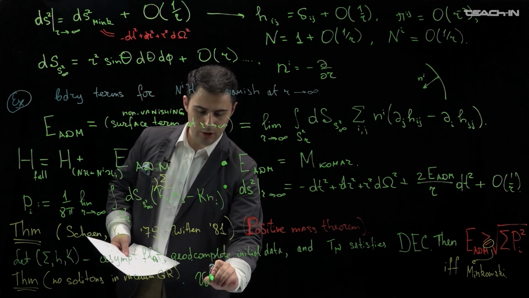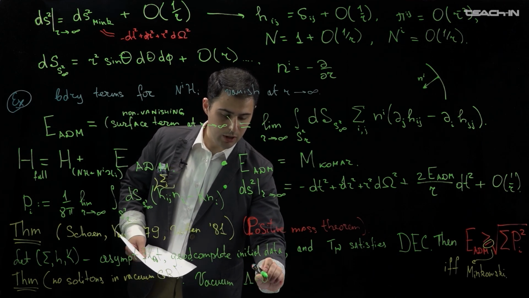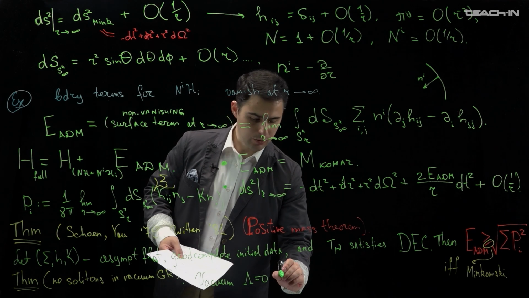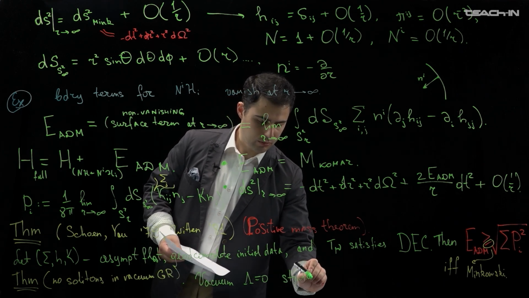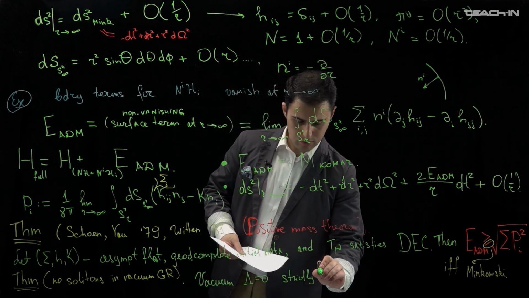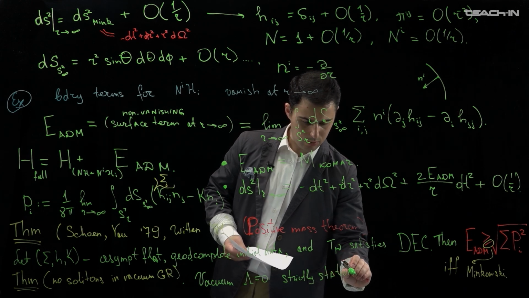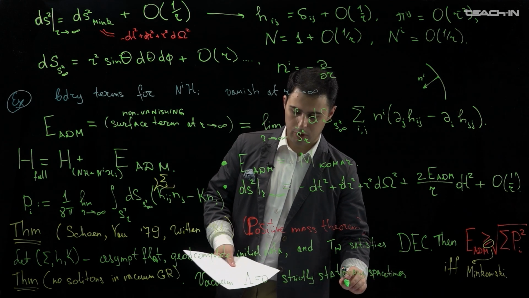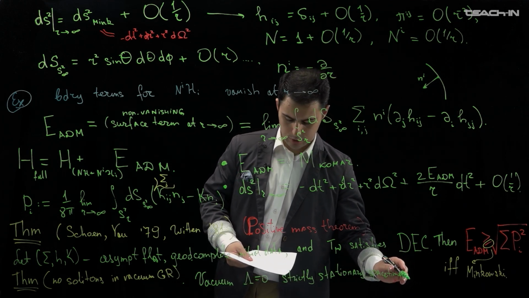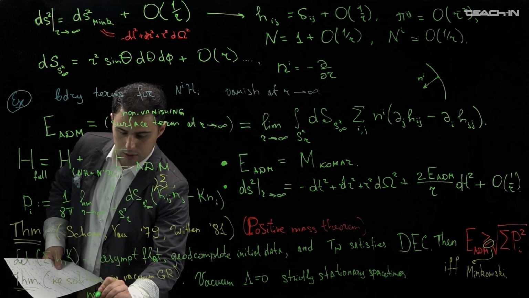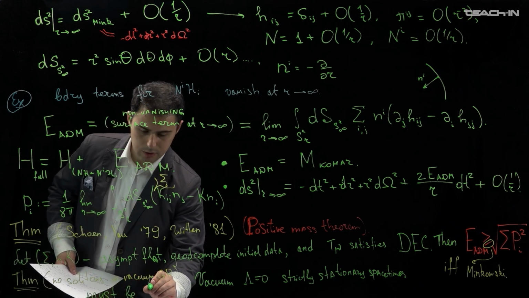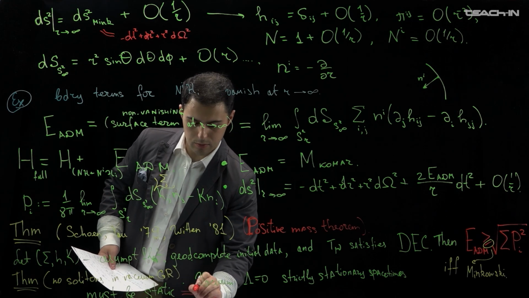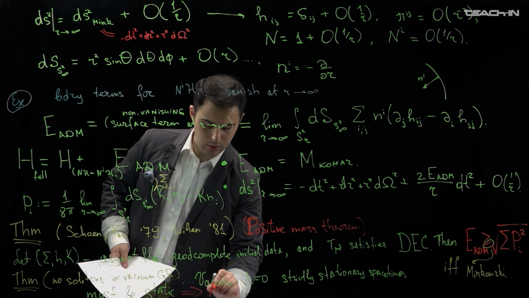The statement of the theorem goes that if you take vacuum asymptotically flat solutions, that is, cosmological constant equals 0, which are strictly stationary, then vacuum strictly stationary spacetimes must be static, and by the positive mass theorem, Minkowski.